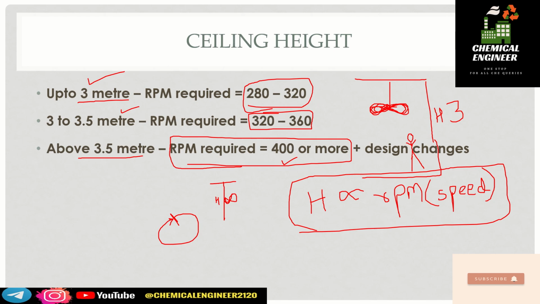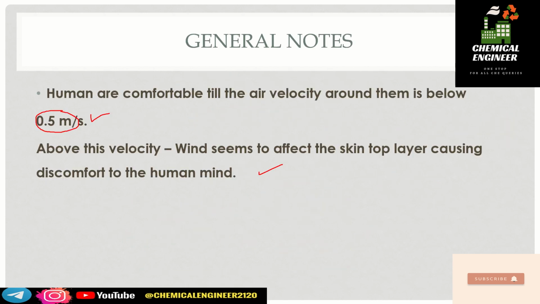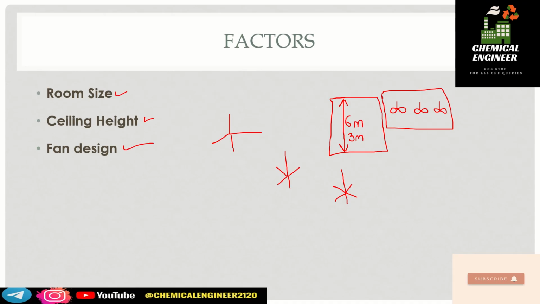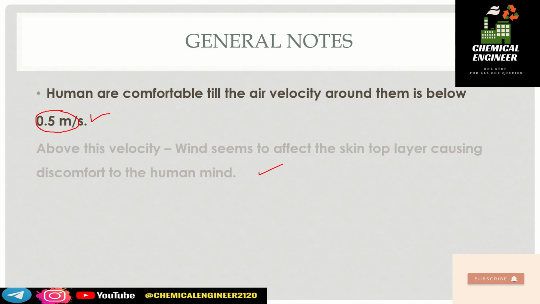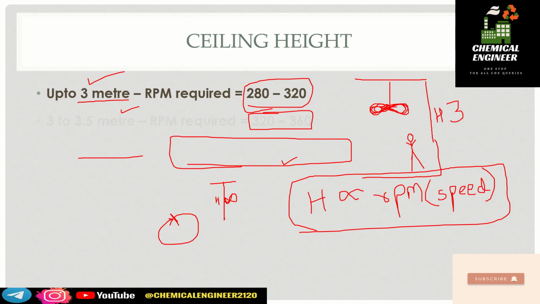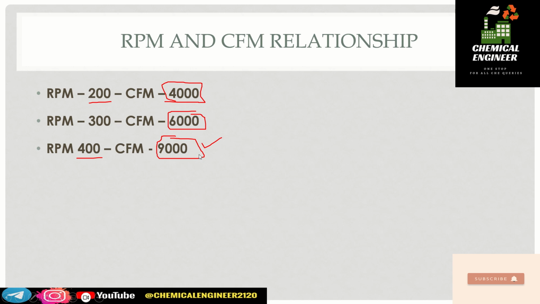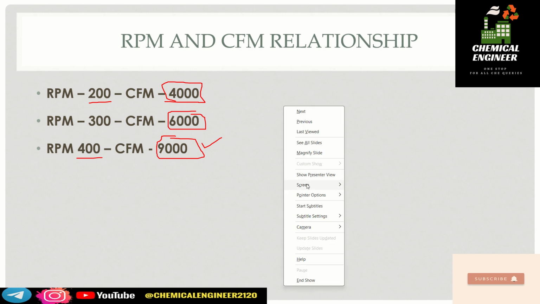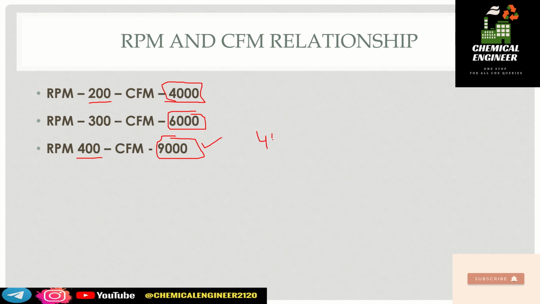In our case, what was our CFM? Wait, let me check. Our CFM was 44,137. Okay. So for 44,137, how many fans may we require?